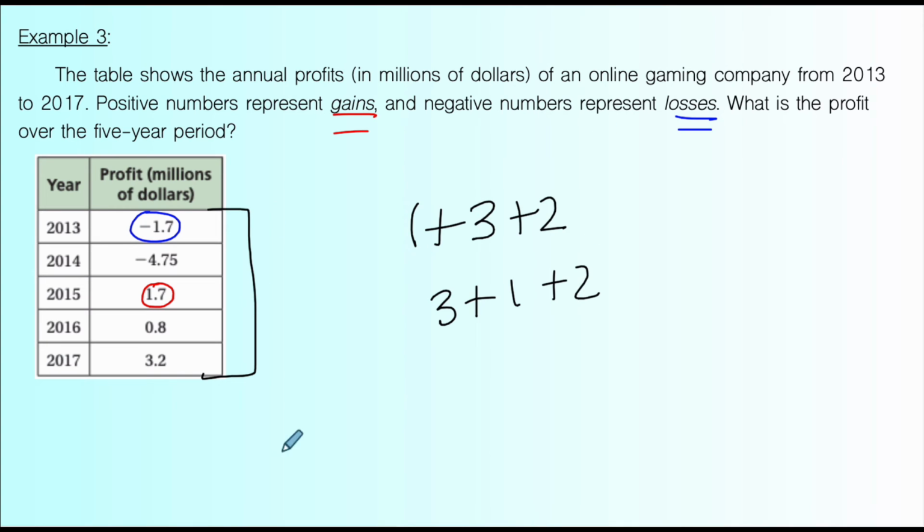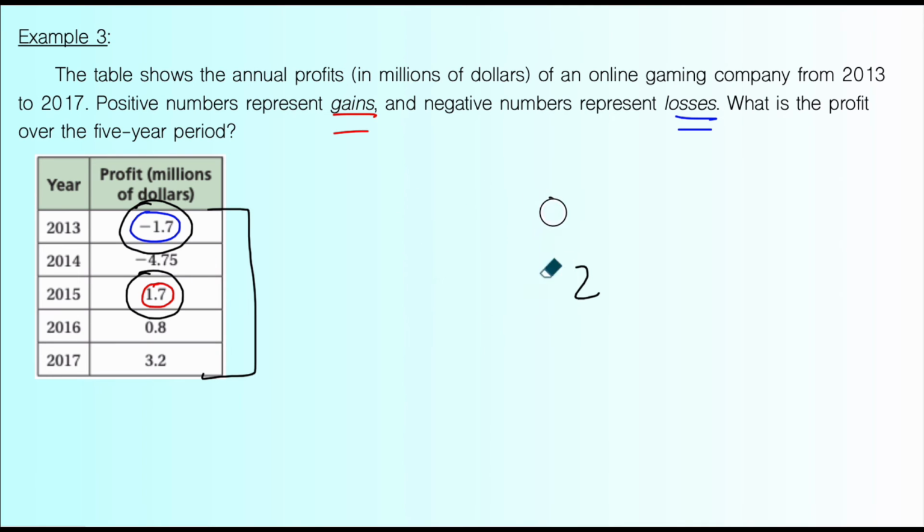So instead of just adding everything straight down the line, I think we should first do 1.7 plus negative 1.7, because together that equals 0. So then we've got 2 of the 5 numbers already out of the way, and we don't need to actually do anything with them. Those cancel each other out.